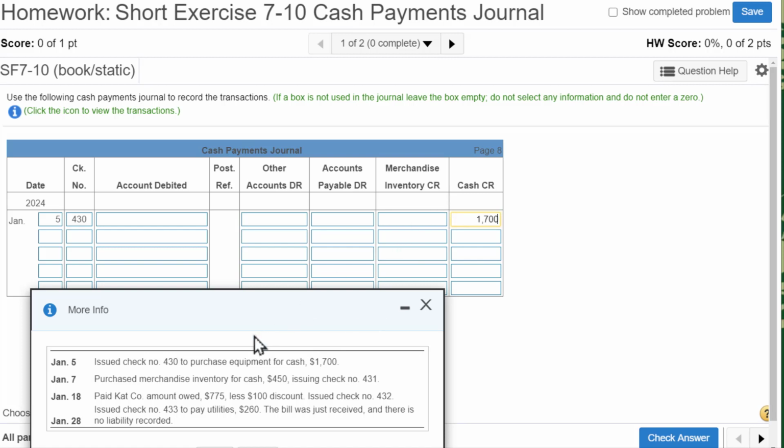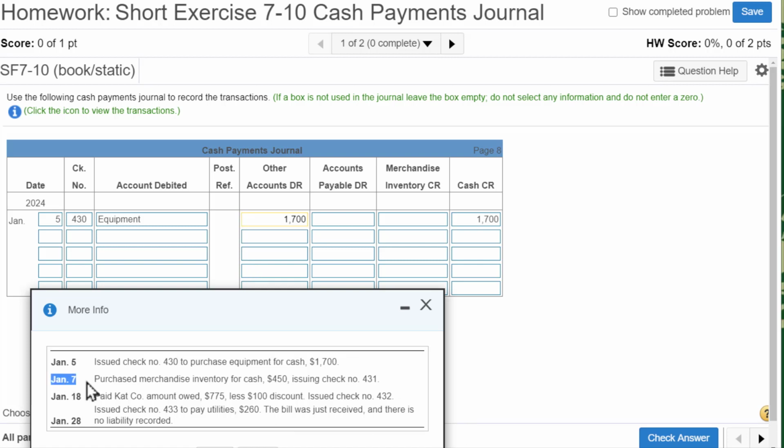And so we look for an equipment column, and notice there is no equipment column, so that must mean they don't often purchase equipment with cash. If they did, they would have a dedicated column to that. So we're going to put that in the other account, equipment, and then the debit is $1,700.